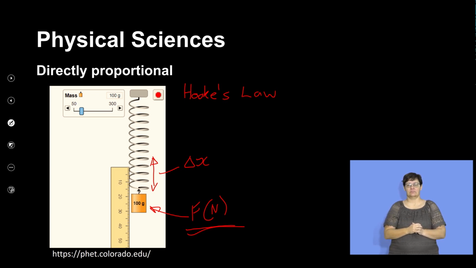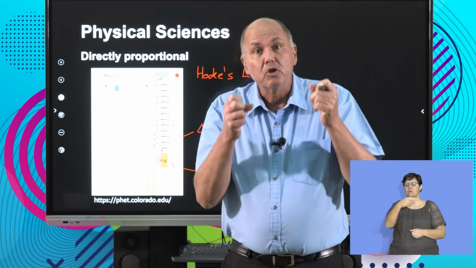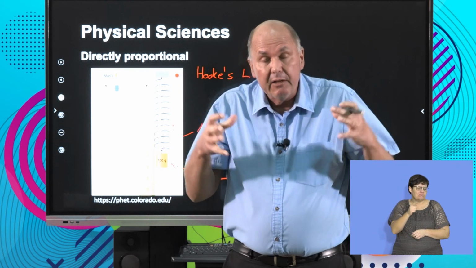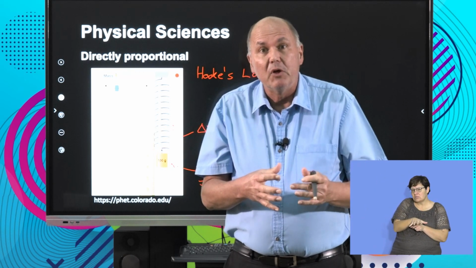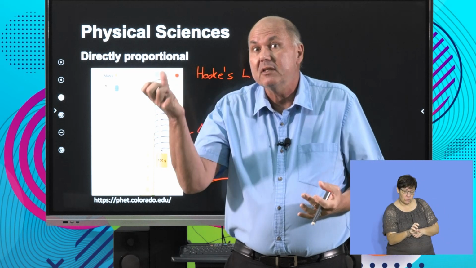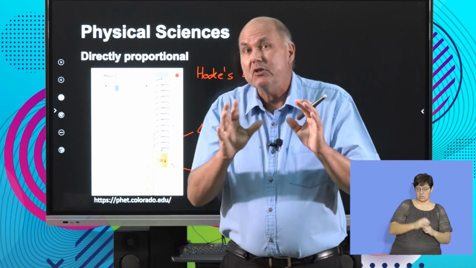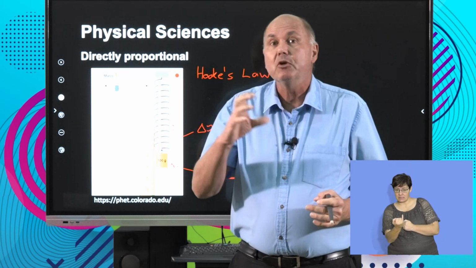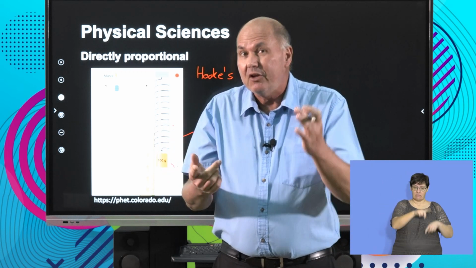Now, which one do you think James Hooke was controlling? Which one did he have the influence over? Was it the force or was it the extension? Because you see, we need to decide which is the independent variable and which is the dependent variable. Can you make a decision?